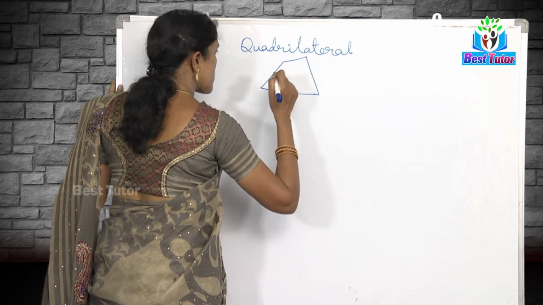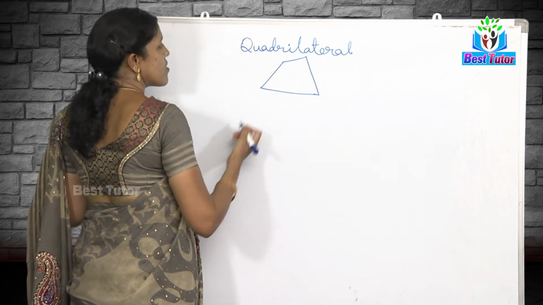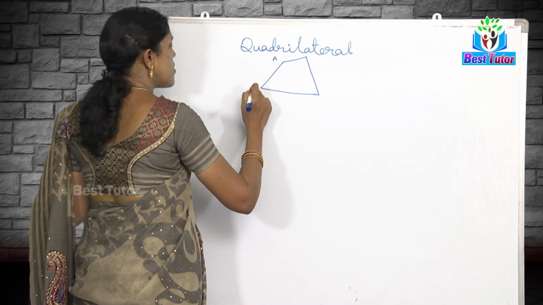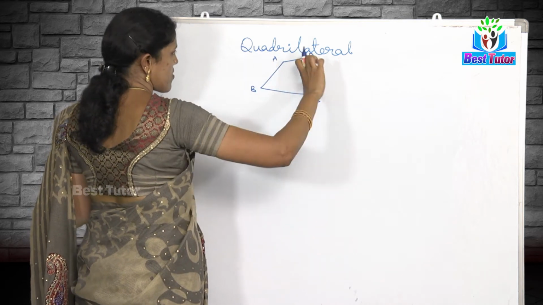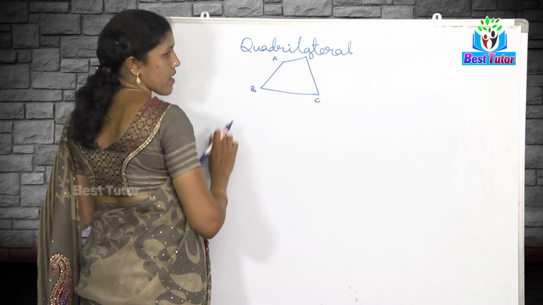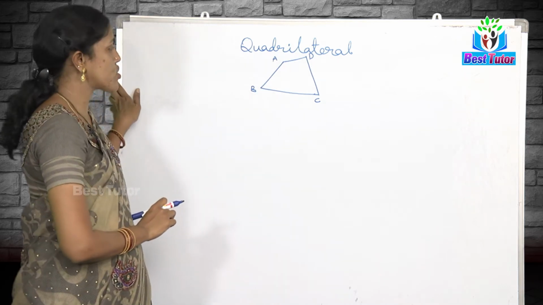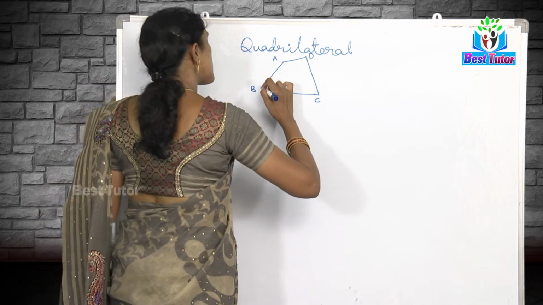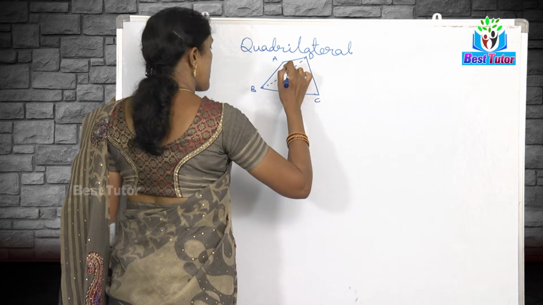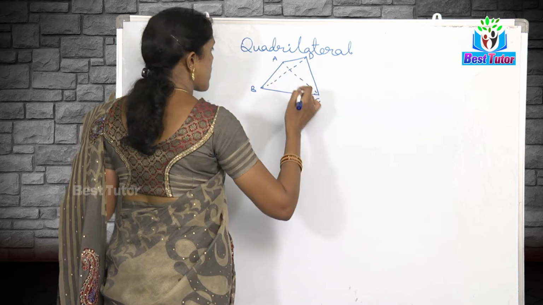This is a quadrilateral, right? It has four vertices, four sides AB, BC, CD and AD, and two diagonals. Diagonal is a line segment joining two opposite vertices. Two vertices opposite to each other. BD is one diagonal and AC is one diagonal.